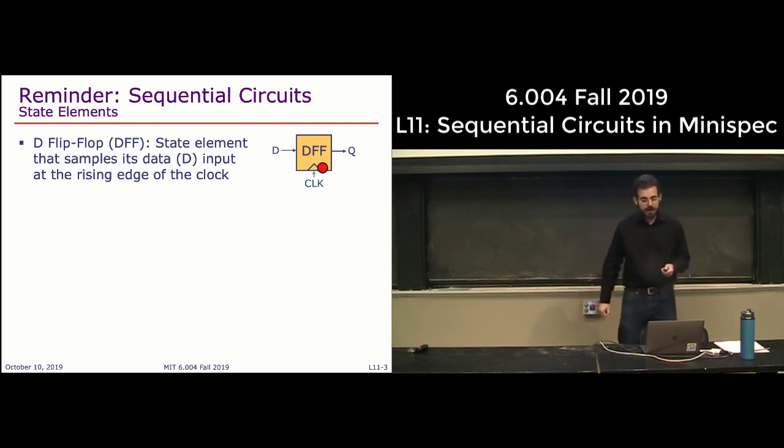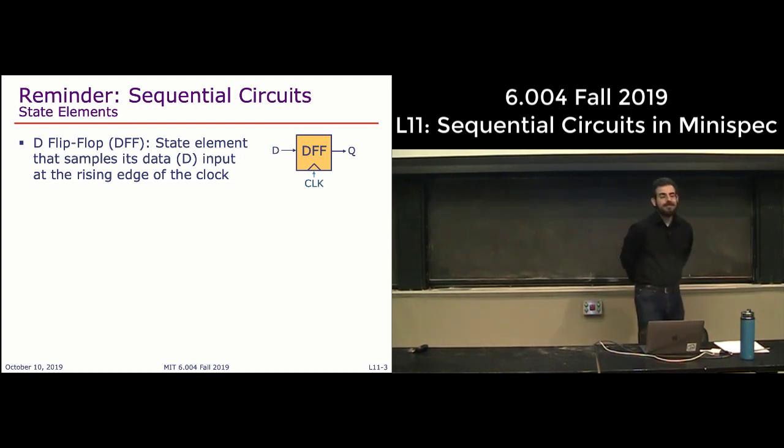This 1-bit D flip-flop, DFF, which is just a state element that samples its data input periodically at the rising edge of the clock, right? So the clock is going to be some periodic signal that is going to have some rising edges, falling edges, and so on. On each rising edge of the clock, this is going to take its D input and copy it to its Q output.